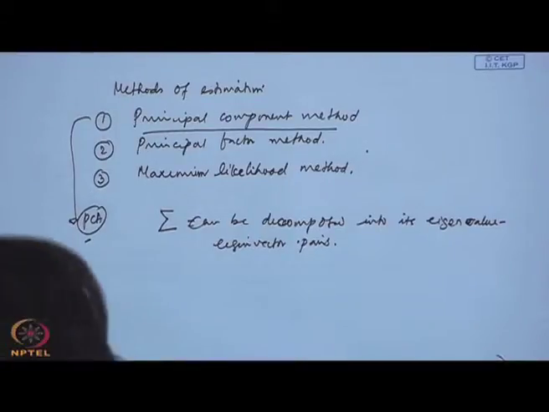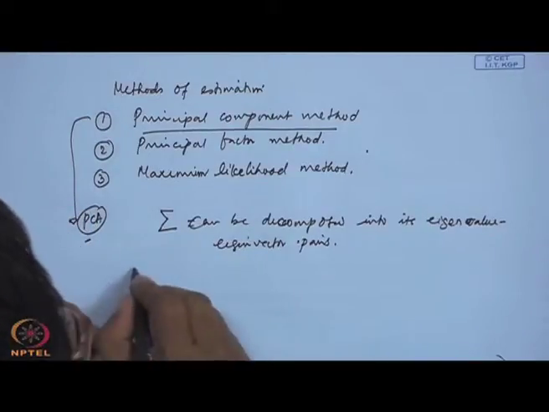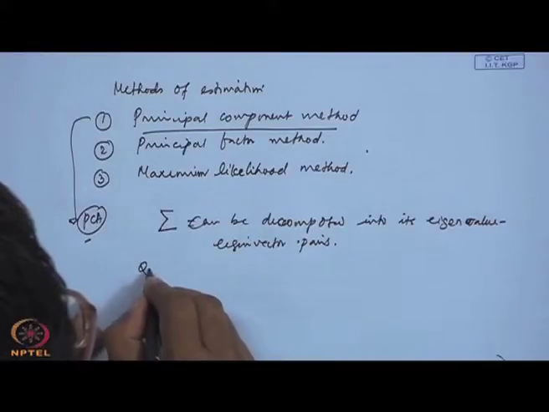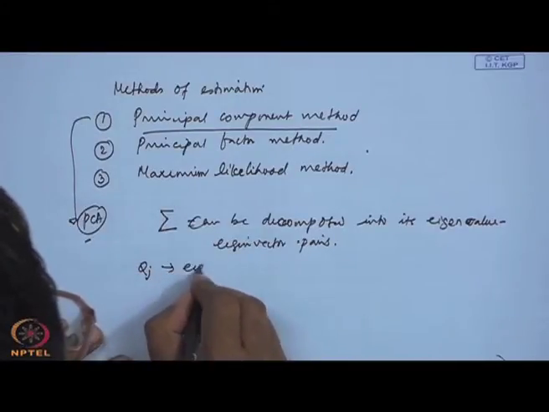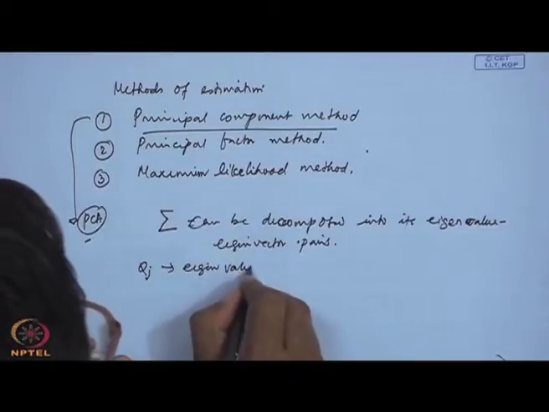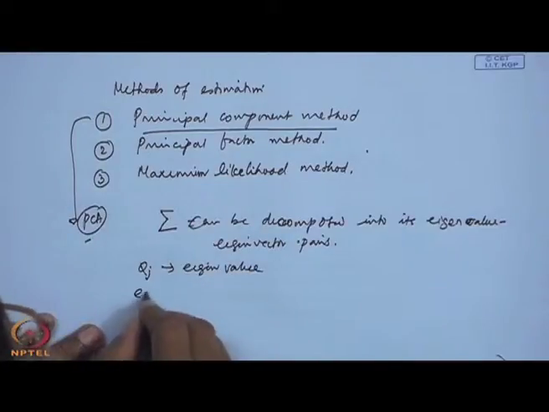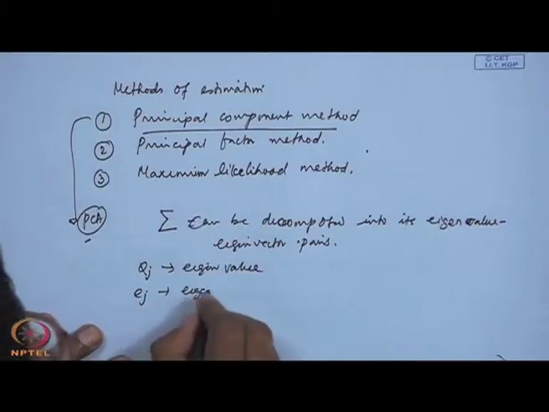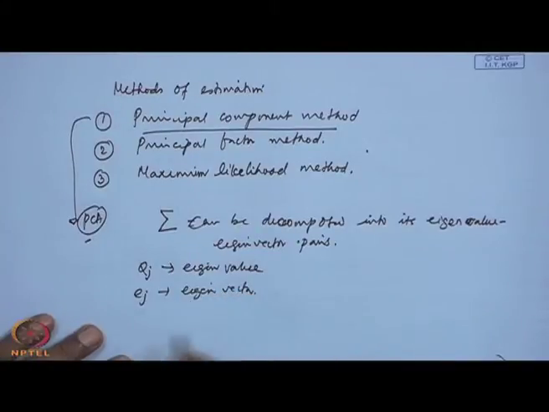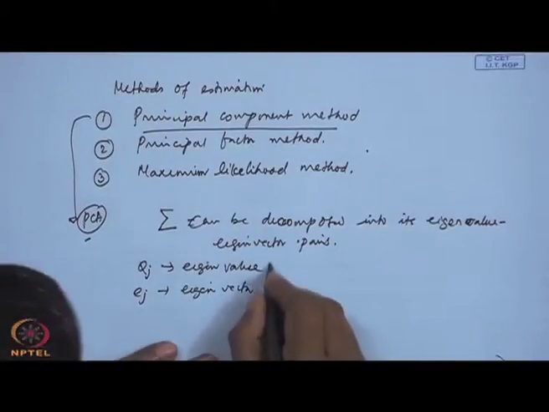Actually, if I say that Qj is the eigenvalue and Ej is the eigenvector, then what can you write?